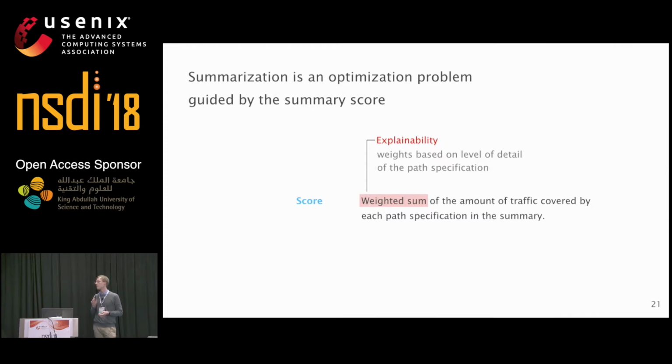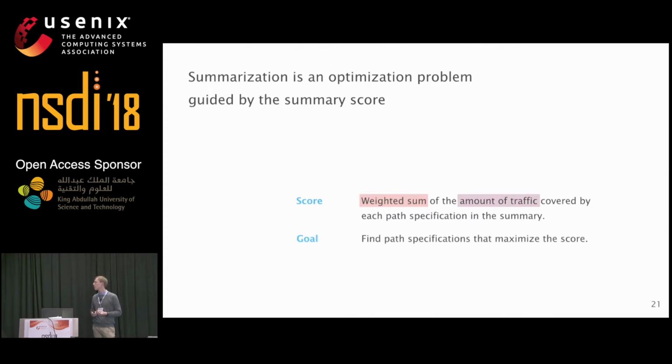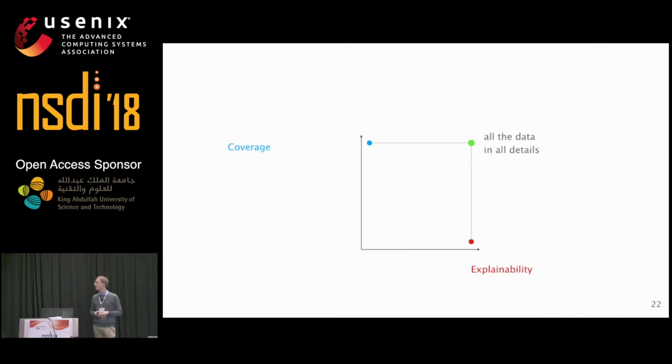However, if we simply use this as a goal and say we want to find path specifications that maximize the score, it would still be very easy to find a solution, a good solution to this problem, but it would not be useful because we would basically pick the top right-hand corner and explain all the data in natural language. Now, this is simply mapping the data from one representation to another, and we don't help the operator at all.